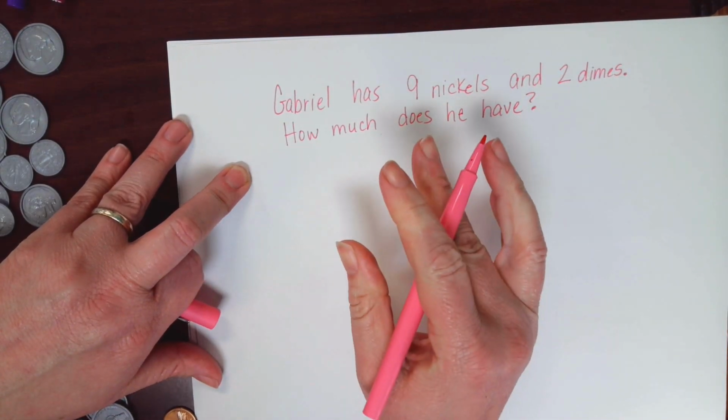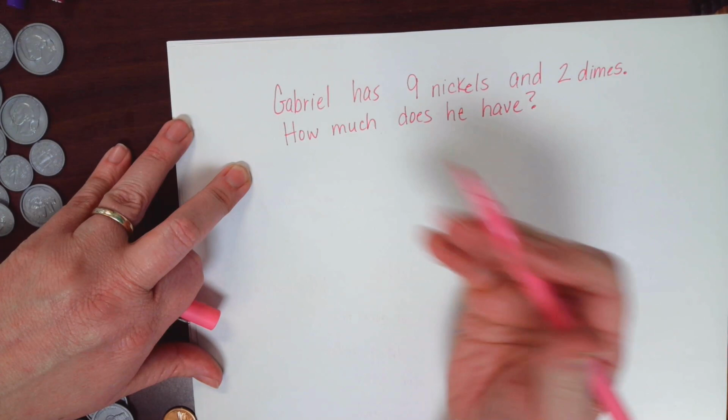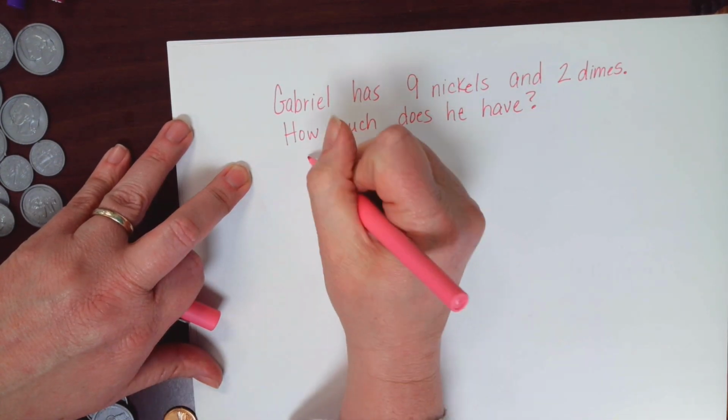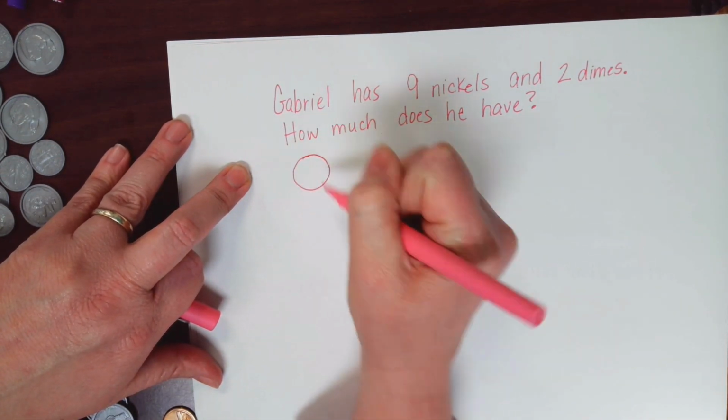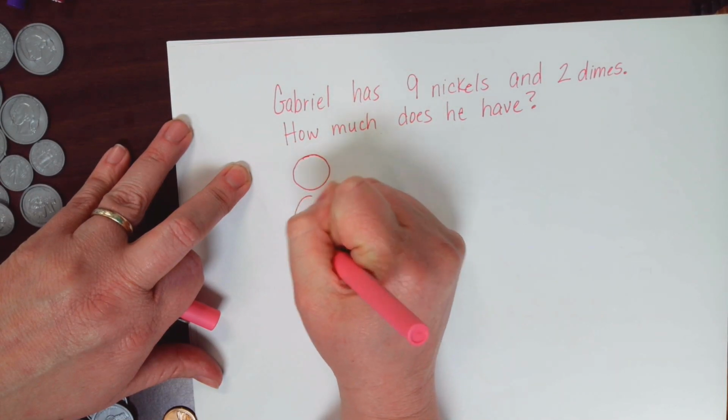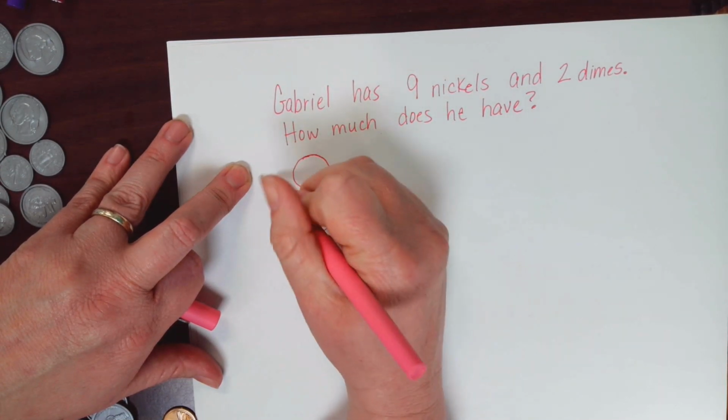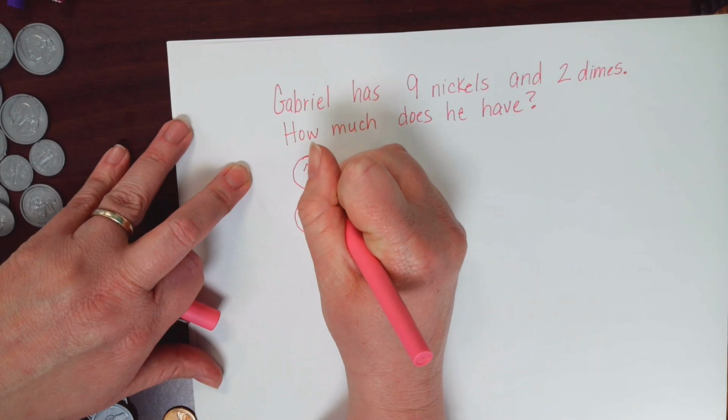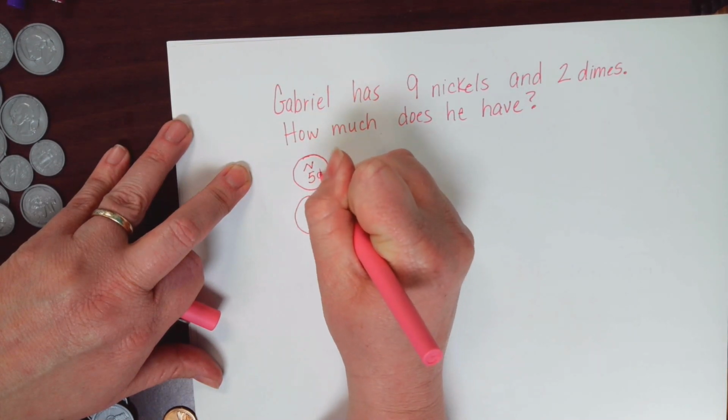Well, we've been using coins, and I'm glad. But how about we don't have coins? Let's think about this. So if I drew nickels, I'm going to make them pretty good size because I know these are all my nickels, and I'm going to put 5 cents in them.